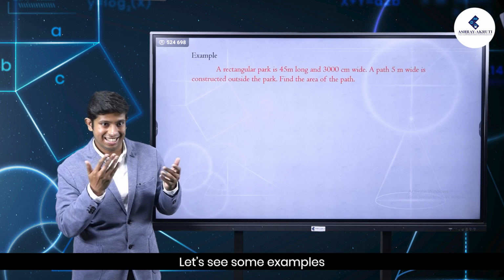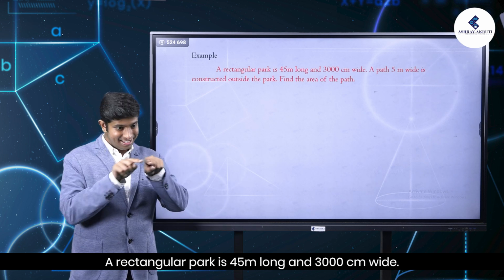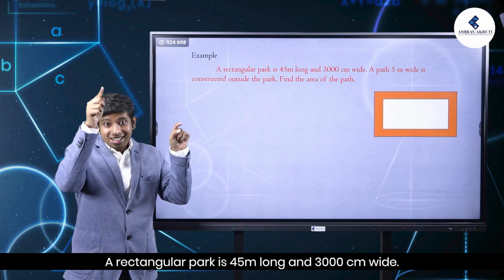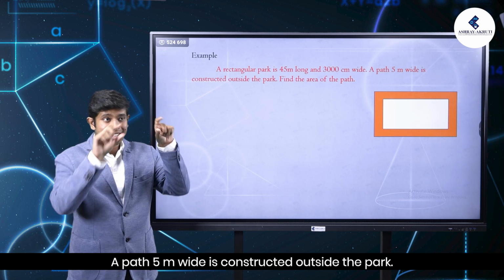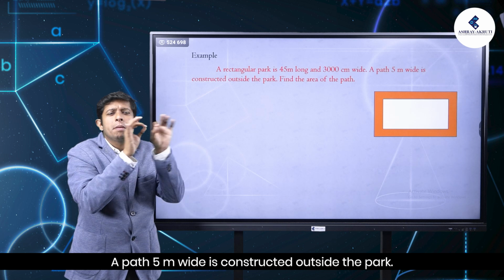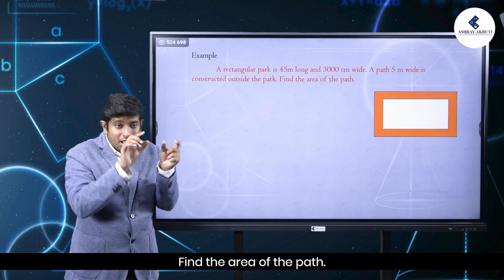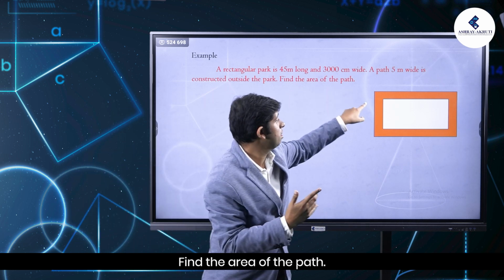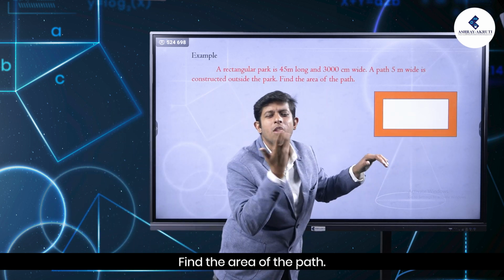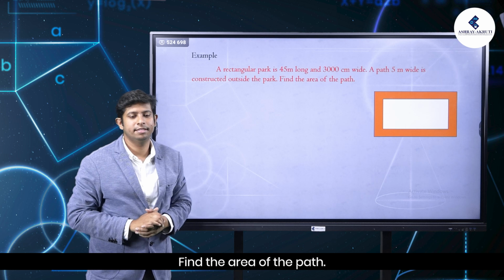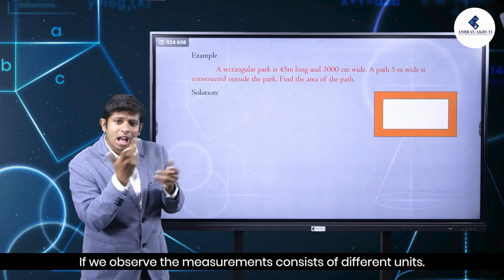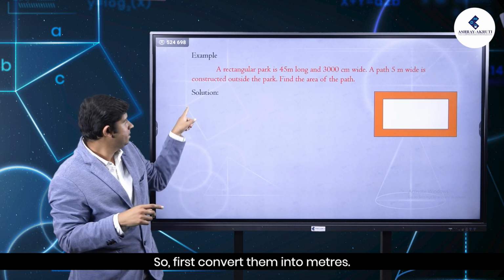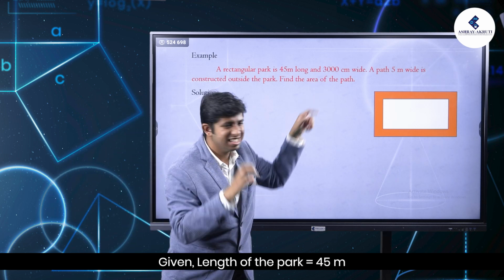Let's see some examples. A rectangular park is 45 meter long and 3000 centimeter wide. A path 5 meter wide is constructed outside the park. Find the area of the path. Solution. If we observe, the measurements consist of different units. So first convert them into meters. Given.